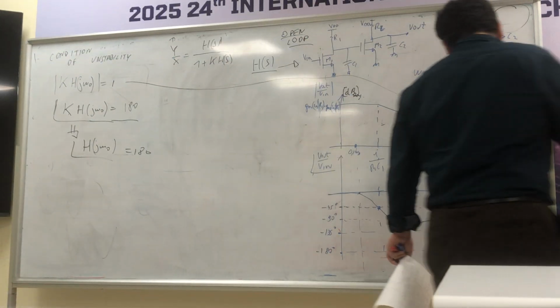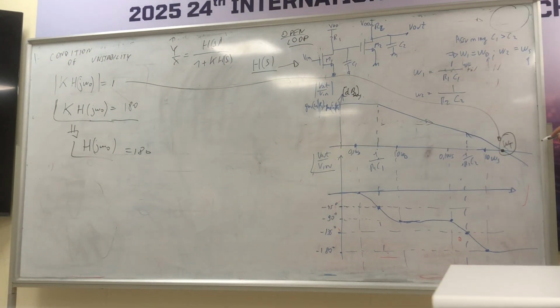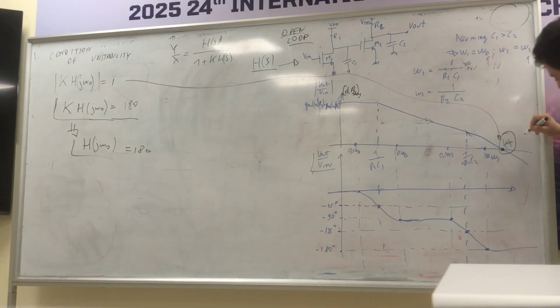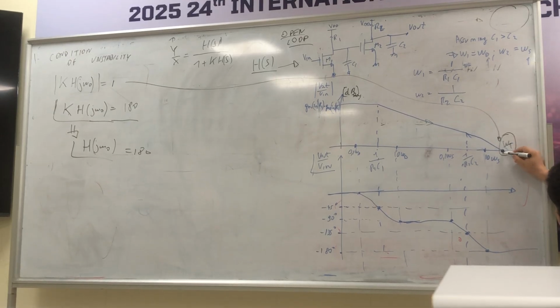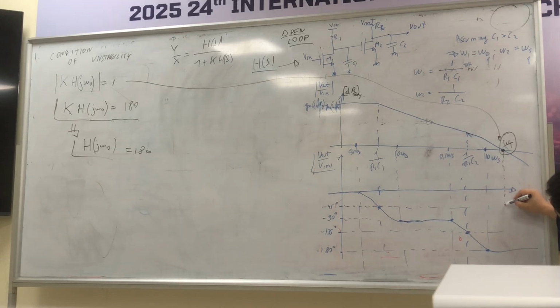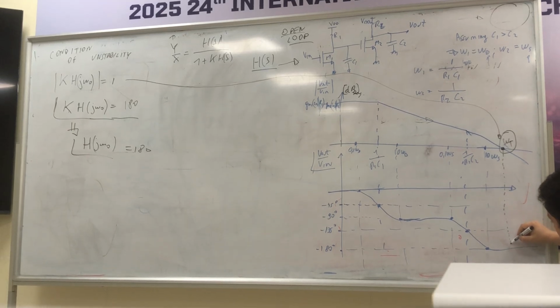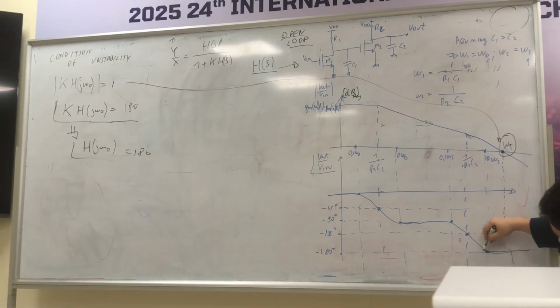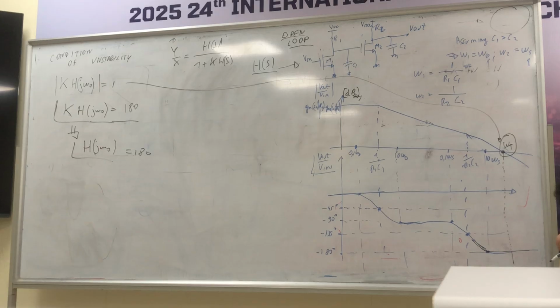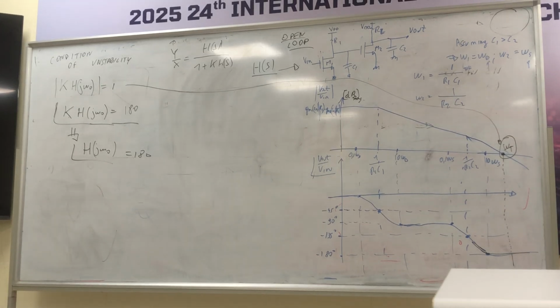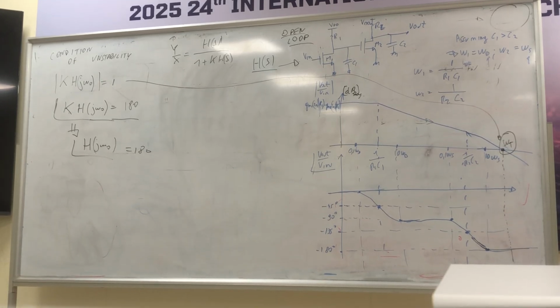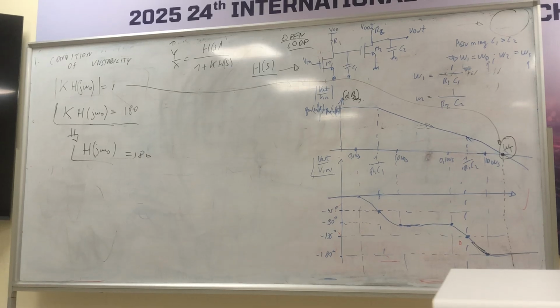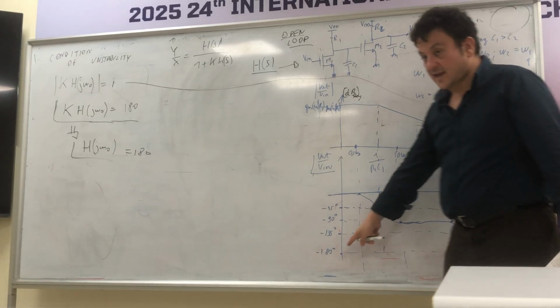Which is the phase of this omega t? Is roughly minus 180.